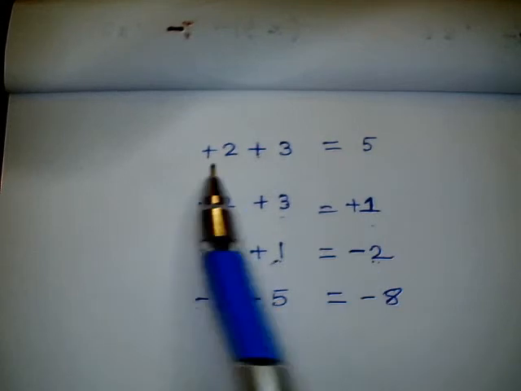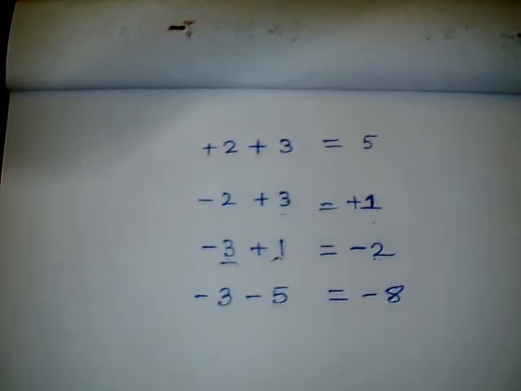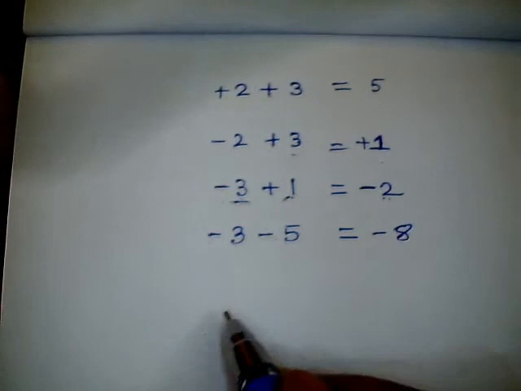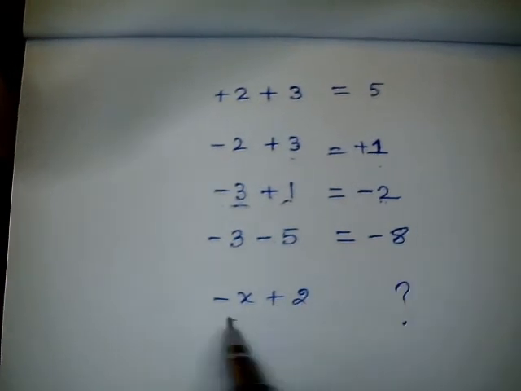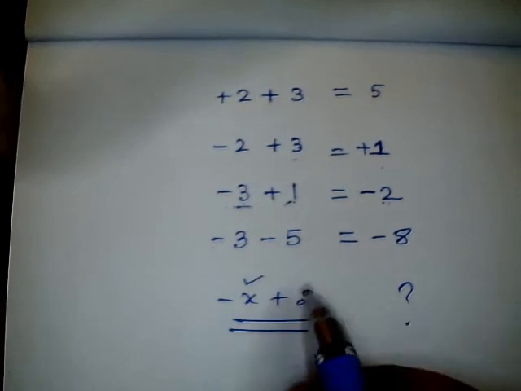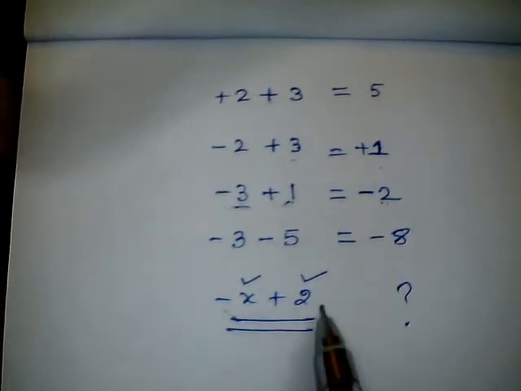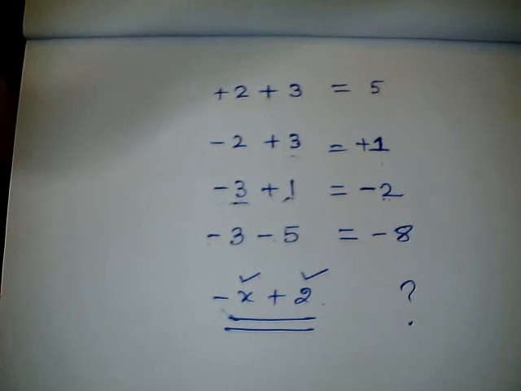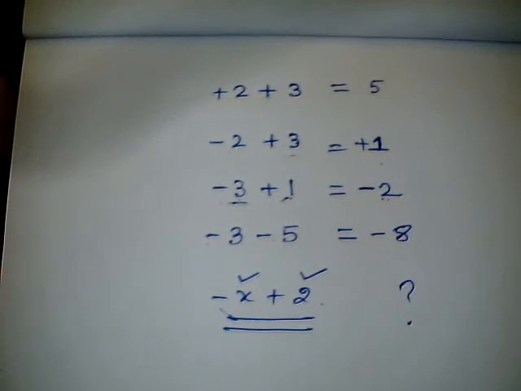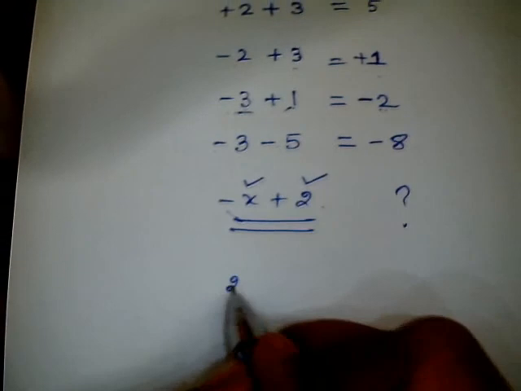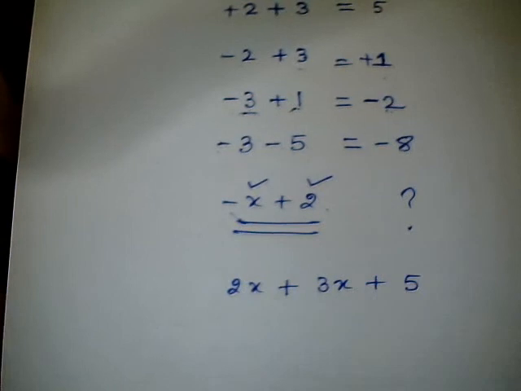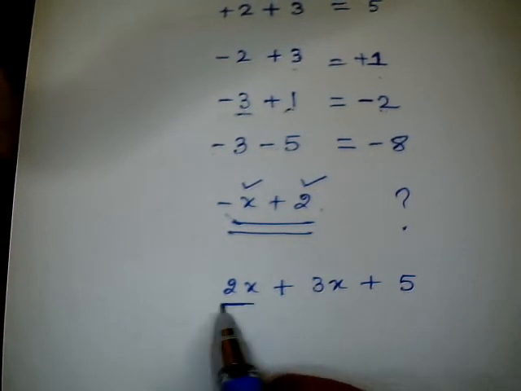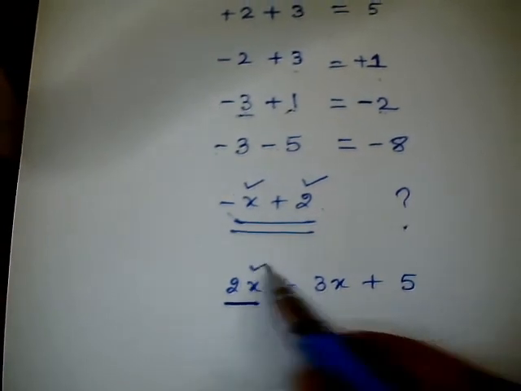Now here, suppose I have written negative x plus 2. This we can't simplify because one is a variable term and one is a number, so these are unlike terms. This is going to remain the same. Like suppose for example, if I write 2x plus 3x plus 5, here this contains variable x, this contains variable x, so this and this will get added and this will remain the same.